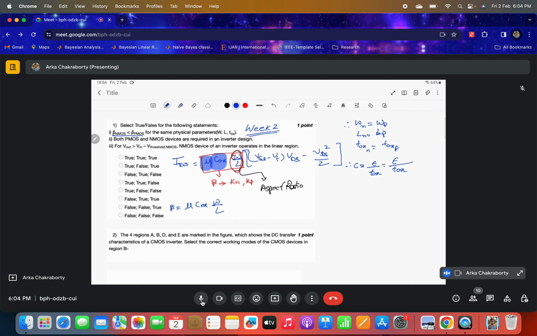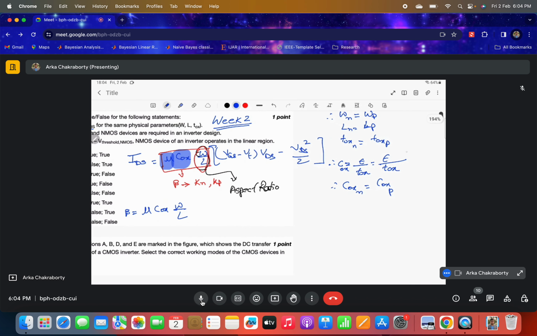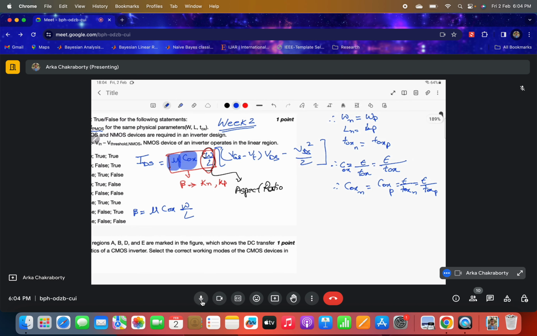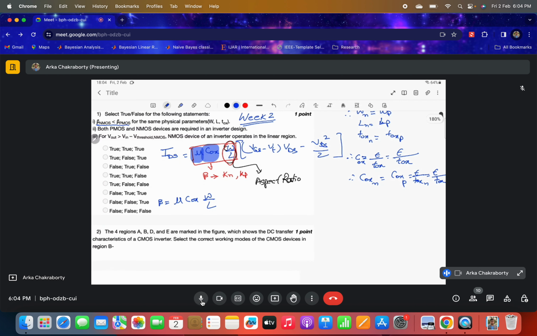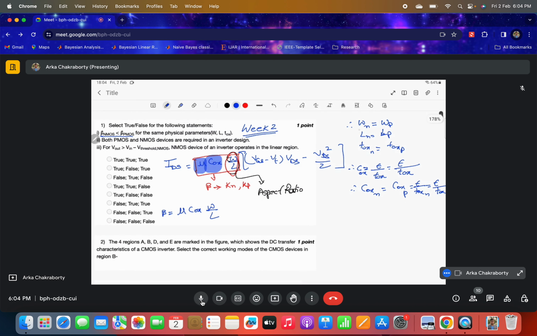As Tox n equals Tox p, Cox of n will also equal Cox of p, that is, epsilon by Tox n equals epsilon by Tox p. So I got these conditions.